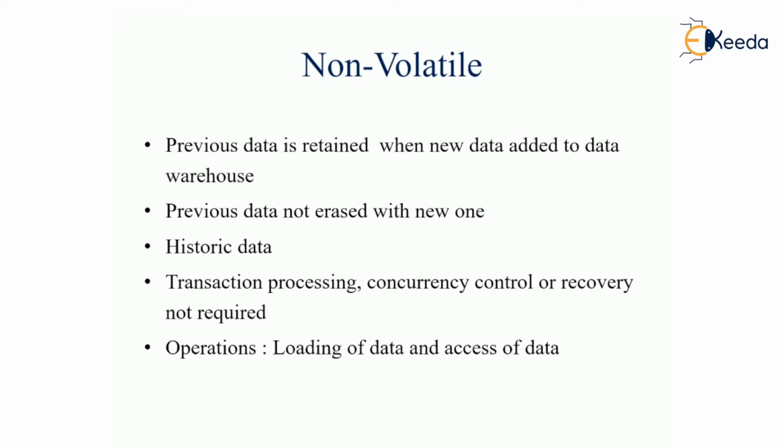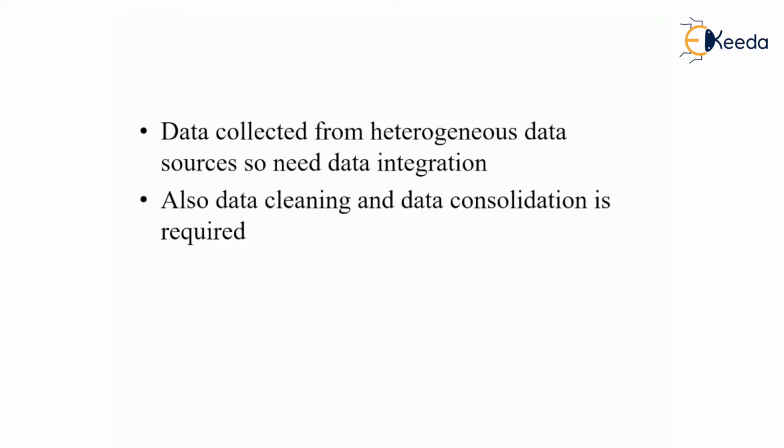So the operations required with the data warehouse are loading of the data and access of data. The operational data is placed in separate databases. Data collected from heterogeneous data sources needs data integration. Data cleaning and data consolidation are required.